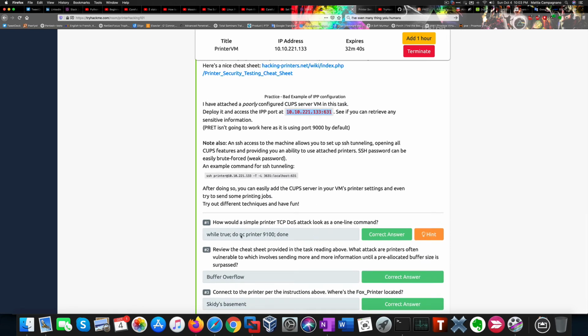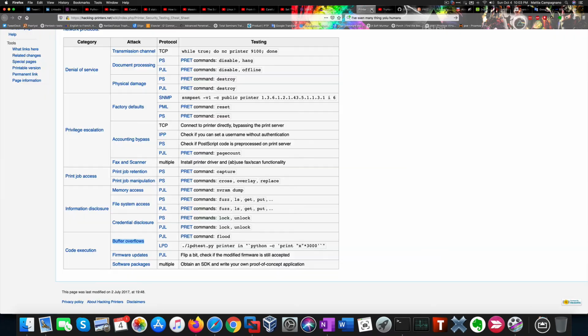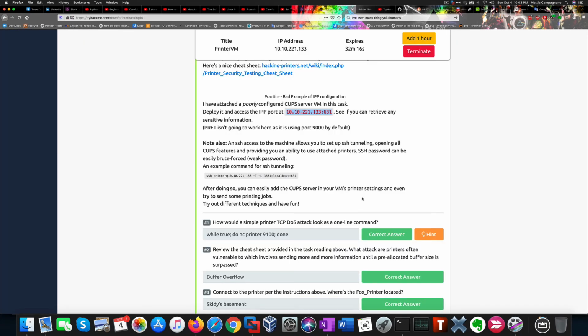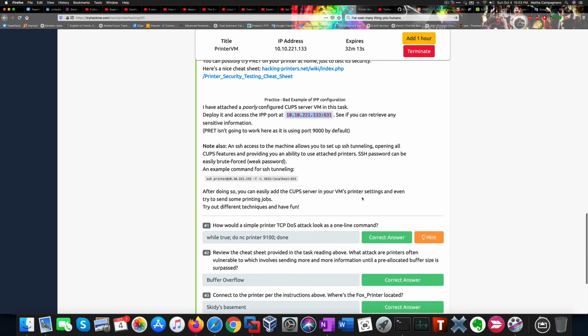As for these two questions here, number one and number two, we're given a cheat sheet and we need to find the answers here. The first question refers to a DOS attack, which is done with this one liner, basically an infinite while loop. And this is the correct answer.